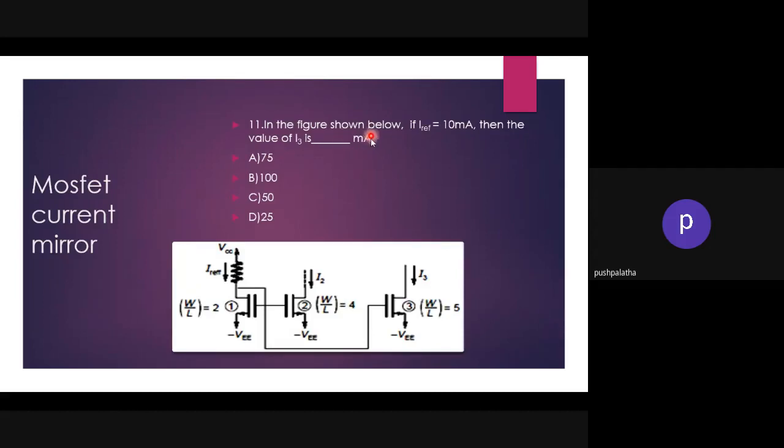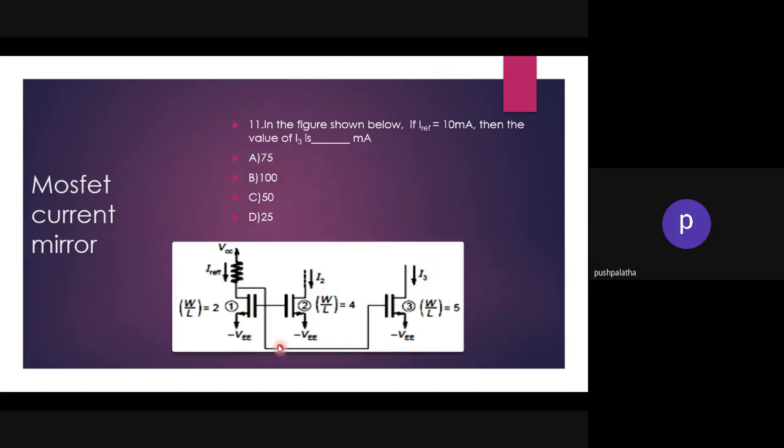In the figure shown below, I reference equal to 10 milliamps. Then the value of I3 is dash milliamps. The options are 75, 100, 50, 25. Now you observe the circuit here. Obviously, see I reference, I2 and I3.